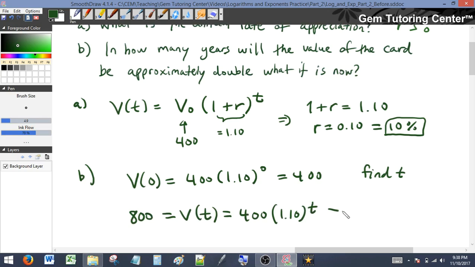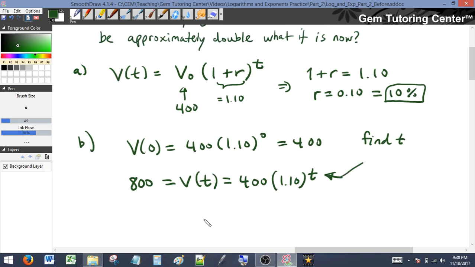So we need to find this t. The first thing we can do is move the 400 to the other side. So we get 800 over 400, which is equal to 2, equal to 1.10^t.